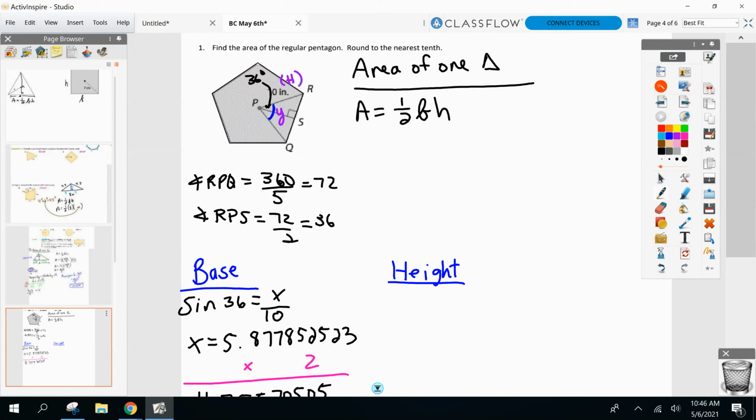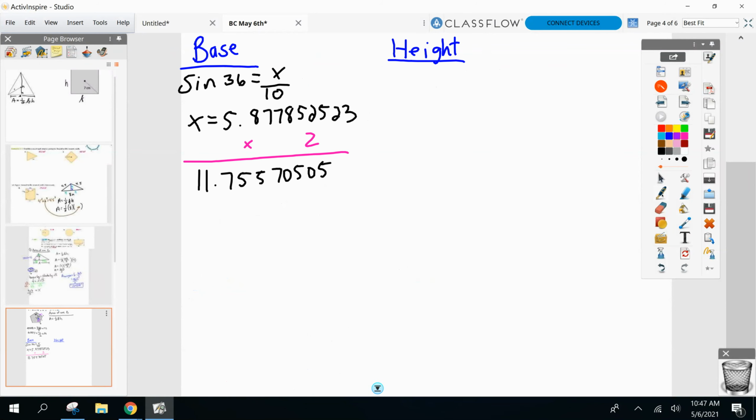Not my opposite side, but adjacent. So we should be using cosine. Cosine 36 equals y over 10. Cross multiply. Make sure you're in degree mode.